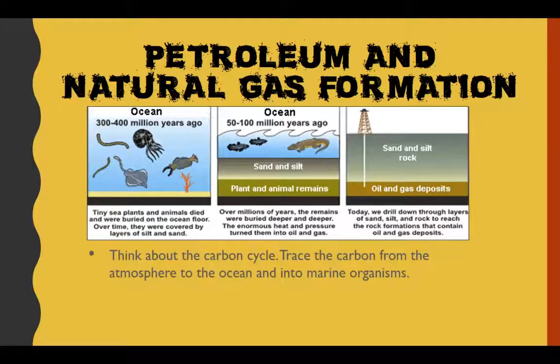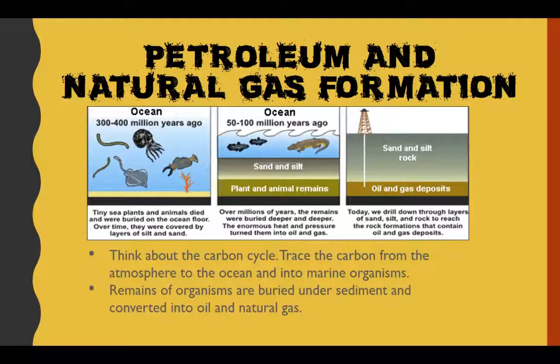Now, hopefully you remember the carbon cycle from your biology days, and we can trace the carbon from the atmosphere to the ocean into the marine organisms, and then it gets trapped there in the form of these fossil fuels. But when we burn those fossil fuels, it gets released back into the atmosphere. And when it gets released back into the atmosphere, now you have higher CO2 levels than you would have otherwise. Okay.